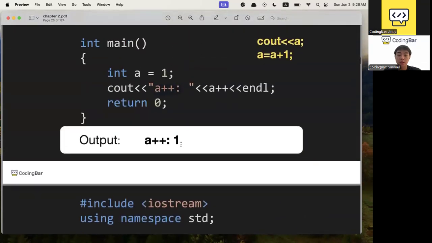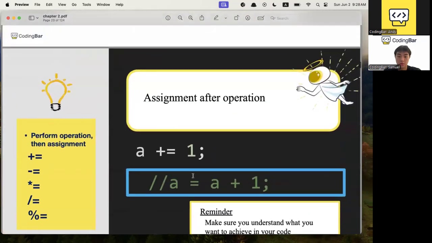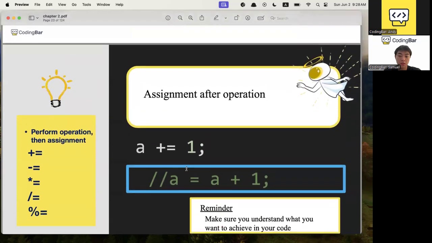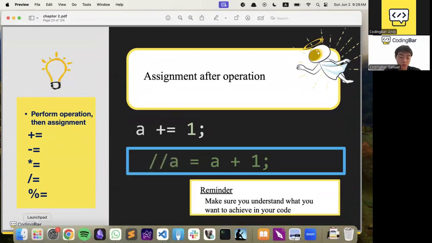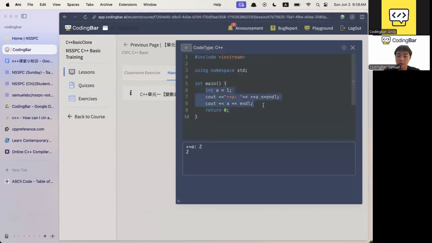This is the difference between a++ and ++a. Okay. And then just now we mentioned that, for example, if we have integer x equal 1, x equal x plus 1 is equivalent to x++, and also equivalent to ++x.